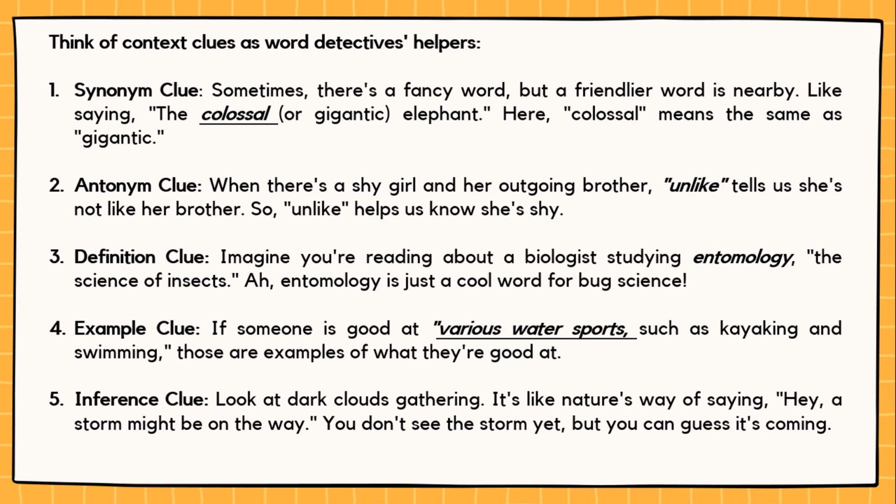Unlike is like saying not like. So we know the shy friend is not as outgoing. She's a bit quiet and likes her own space. So unlike here is used for us to know that the girl is a shy type. Okay? So we're done with the antonym clue.